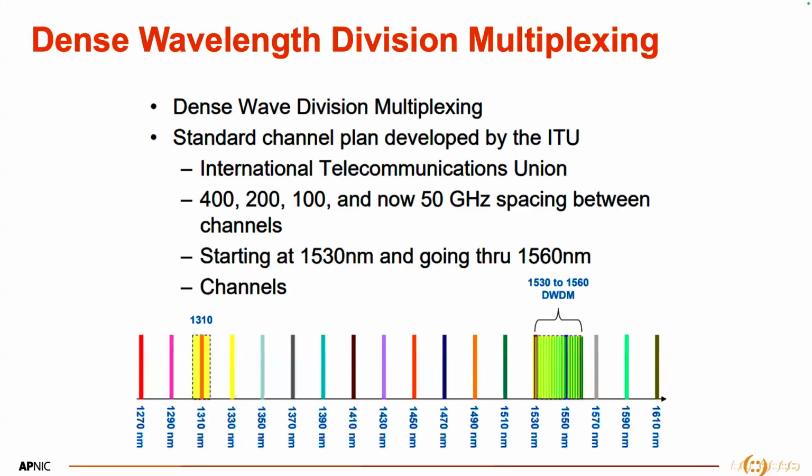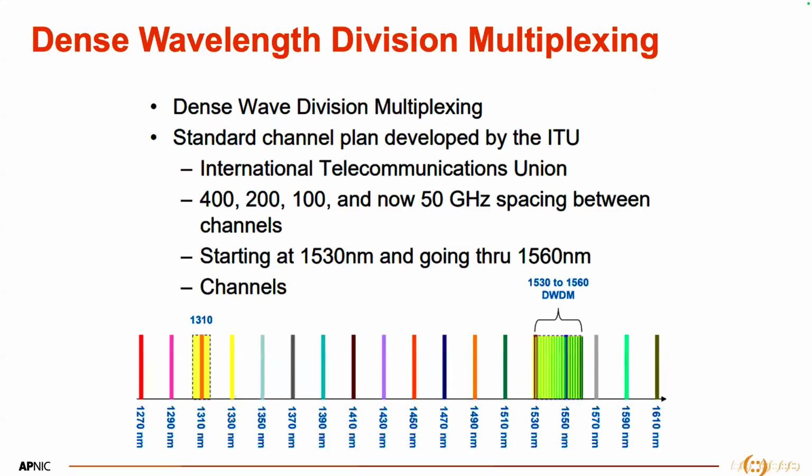Okay, so as I was saying, each wavelength or each channel has its own capacity. For wavelength or channel, we call them lambda in DWDM, right? It can be 400 gig lambda, 200 gig lambda, 100 gig lambda, or 800 gig lambda.